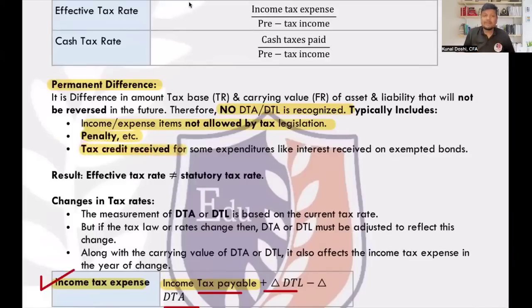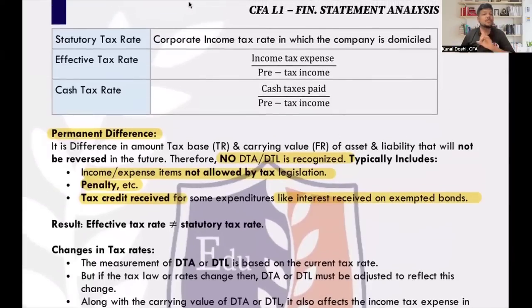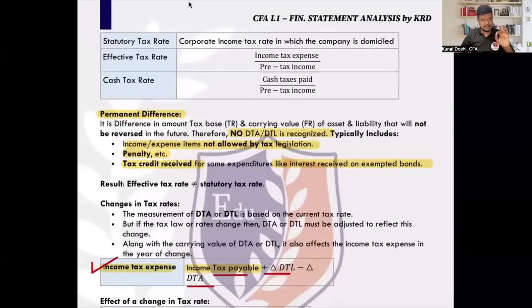Second, you might receive some tax credit. What is tax credit? You might get some tax holiday, in which case you might not pay tax either forever or for a certain period. Anything which leads to a difference in taxes forever is a permanent difference. Whenever there is a permanent difference, we don't record a DTA or DTL.